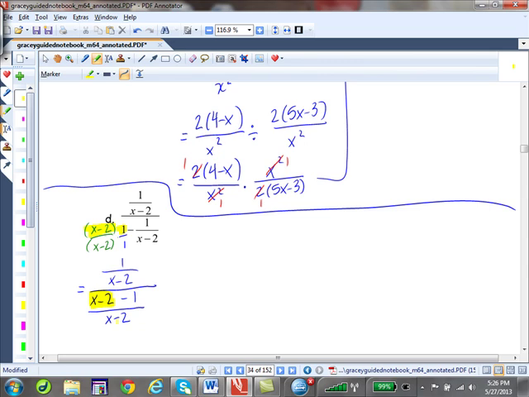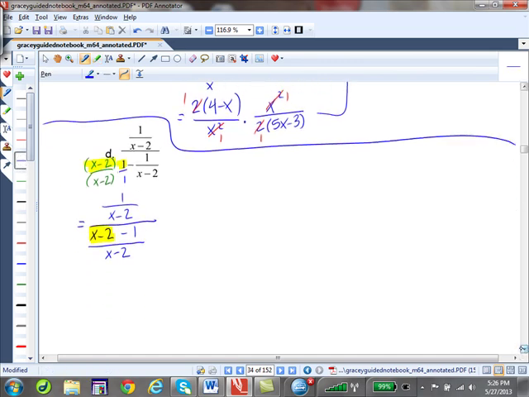It's all over the LCD of x minus 2, and we're decreasing it by 1 from there. So we'll have 1 over x minus 2 divided by x minus 3, because x minus 2 minus 1 is x minus 3, over x minus 2.